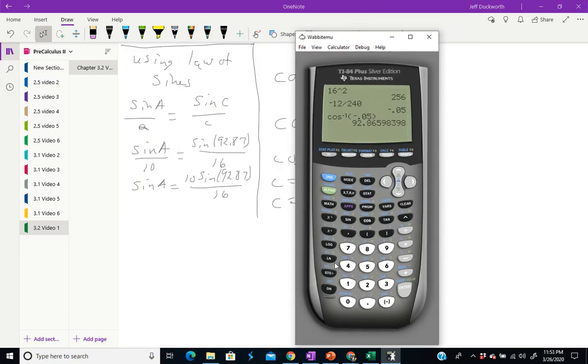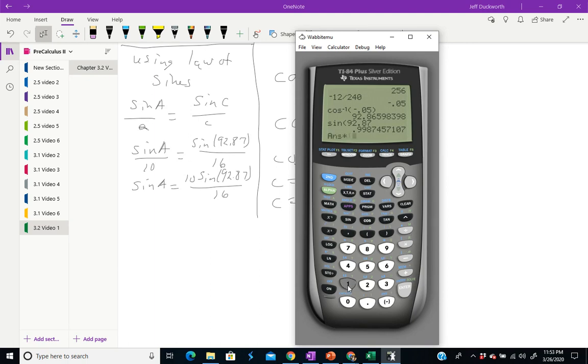All right, so sine of 92.87 isn't going to be this negative 0.05, which is what I was thinking, because that was the cosine. But we'll do this: sine of 92.87 is almost 1.